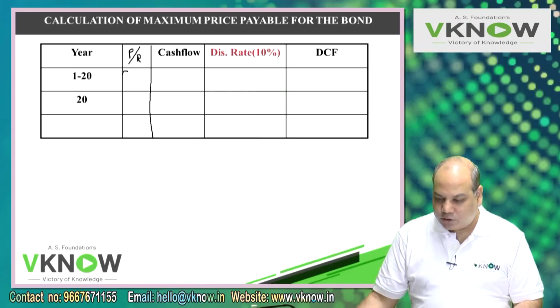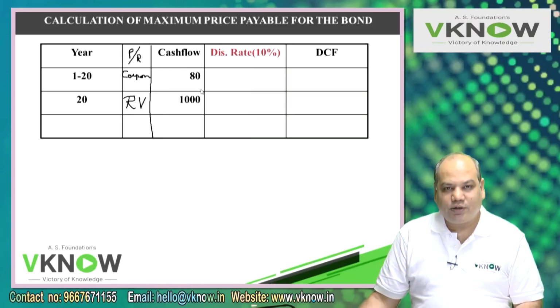In particular column, write down coupon. So for 20 years, you will get 80 rupees coupon. And in the 20th year, you will receive redemption value, 1,000 rupees. Like previous two questions, solve it.